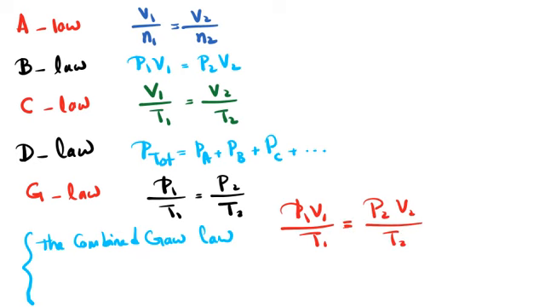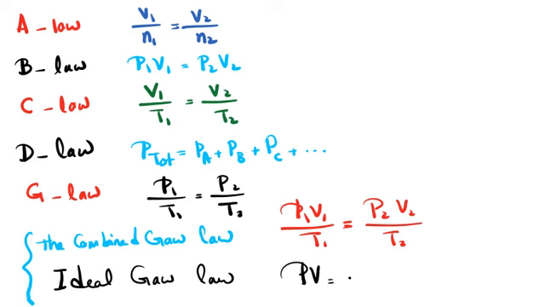And finally, the ideal gas law. For the ideal gas law, we have PV equals nRT, and R is the universal gas constant.